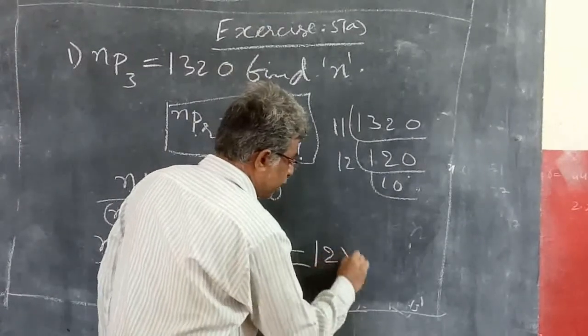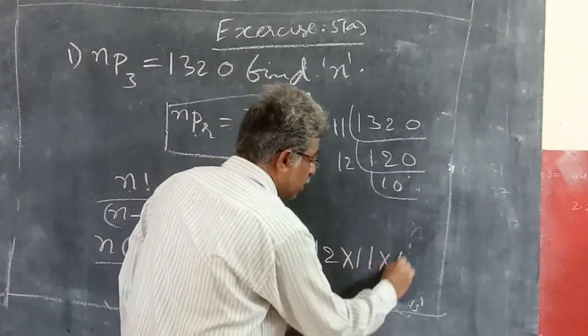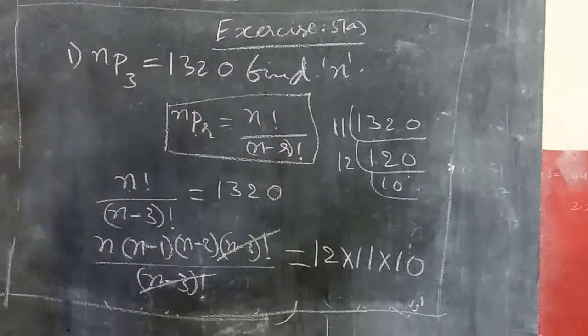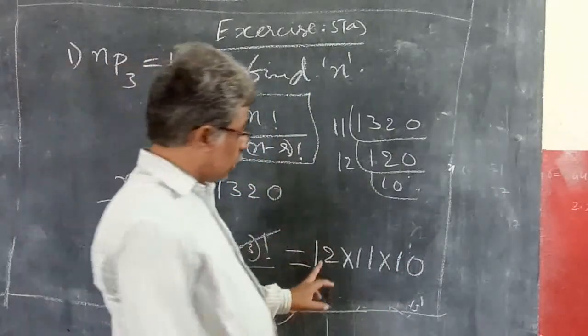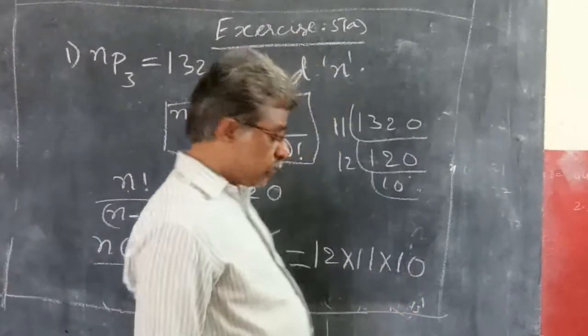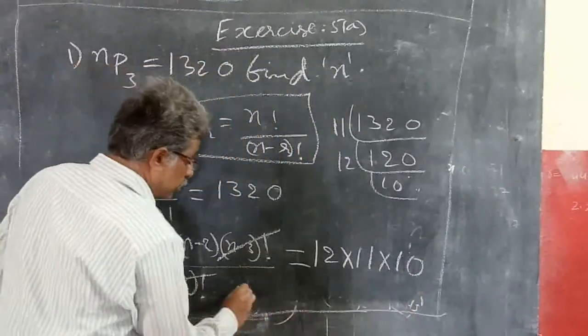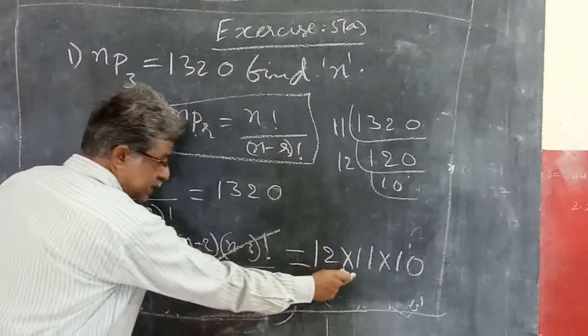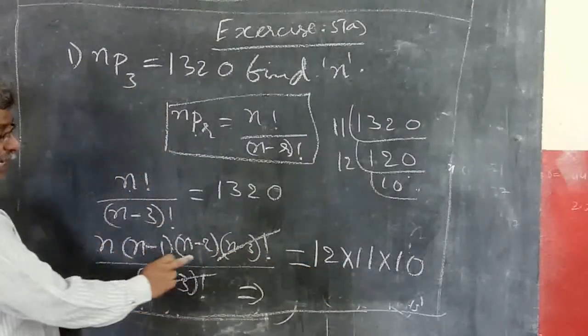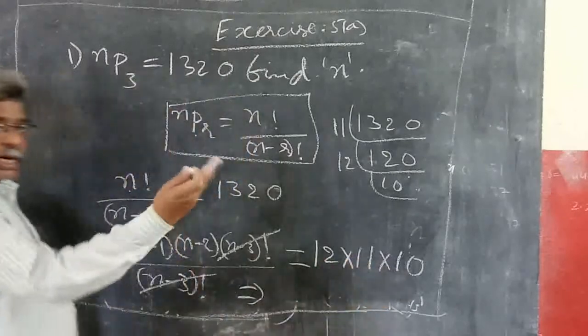So 12 into 11 into 10. So N into N minus 1 into N minus 2 equals 12 into 11 into 10. Now you can say what is N? N is 12, N minus 1 is 11, N minus 2 is 10, so automatically N is 12.